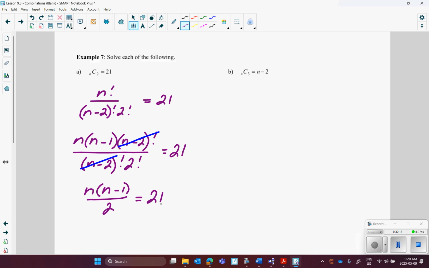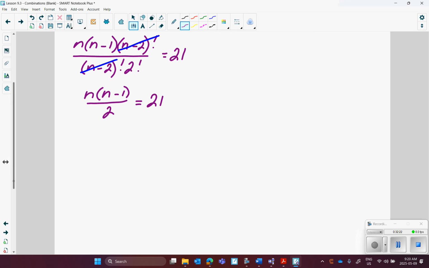Now let's get rid of the denominator by doing what? Times by 2. So I'm left with n times n minus 1 equals 42. Well, 2 factorial is 2 times 1, so I just evaluated 2 factorial because I don't want the factorial signs in there.